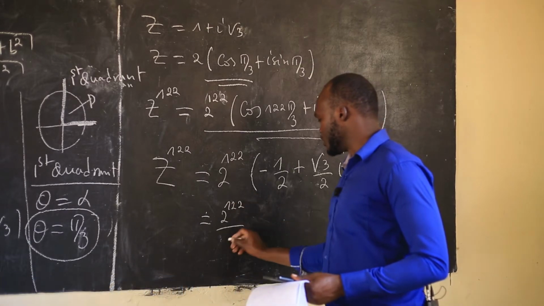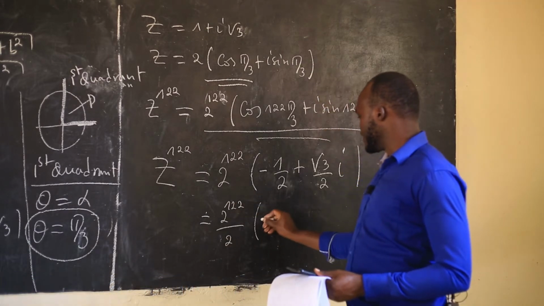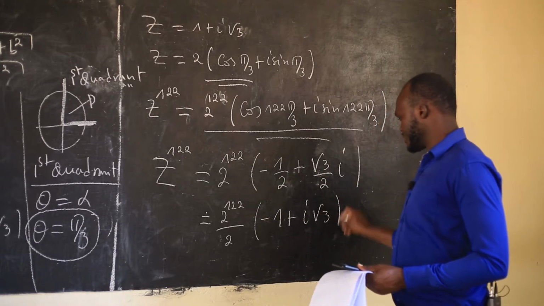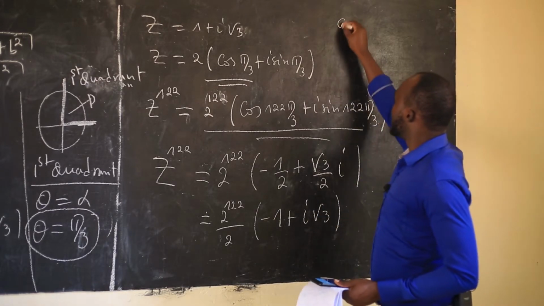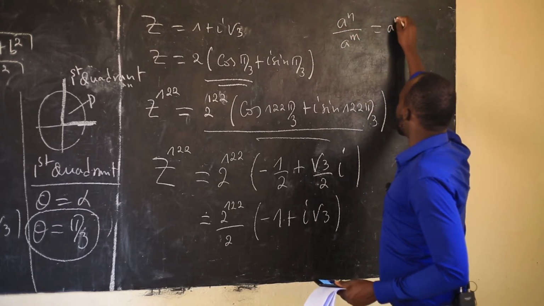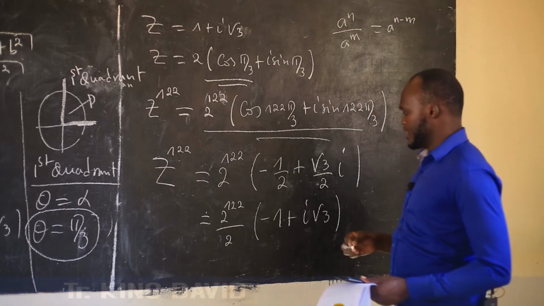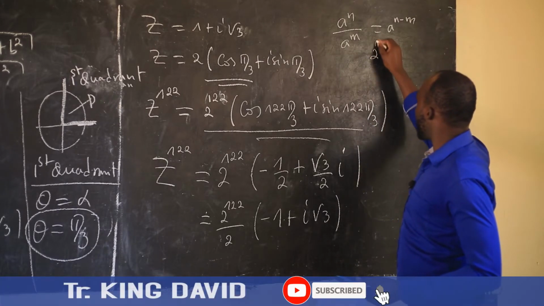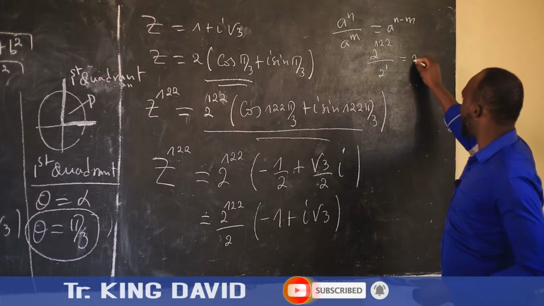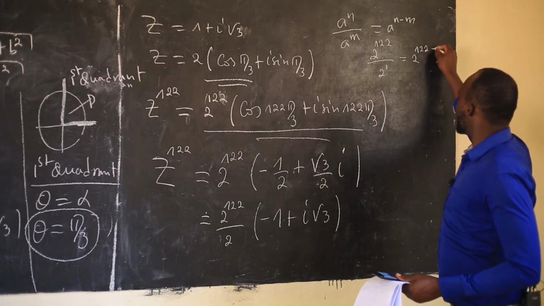2 divided by 2 into bracket negative 1 plus i root 3. Remember, when you have a power n divided by a power m, this is a power n minus m. So if I have 2 power 122 divided by 2 power 1, this is 2 power 122 minus 1.